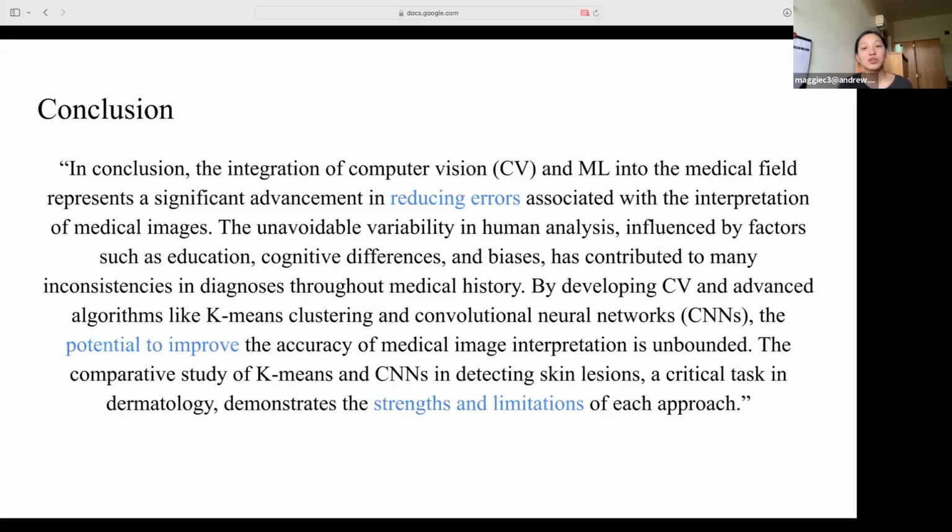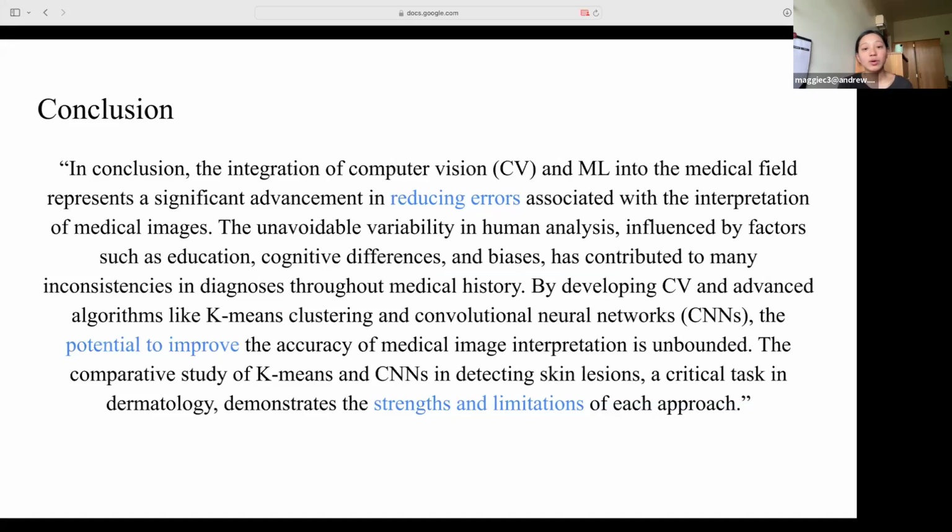So here is the conclusion taken directly from my paper. In conclusion, the integration of computer vision and machine learning into the medical field represents a significant advantage in reducing errors associated with the interpretation of medical images.